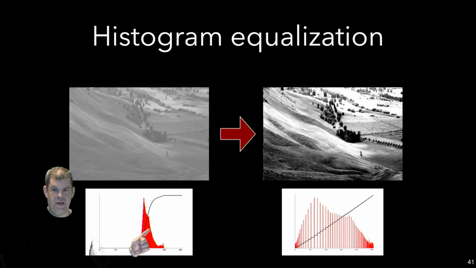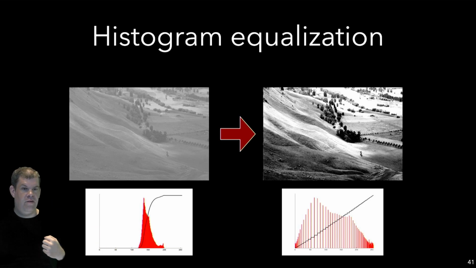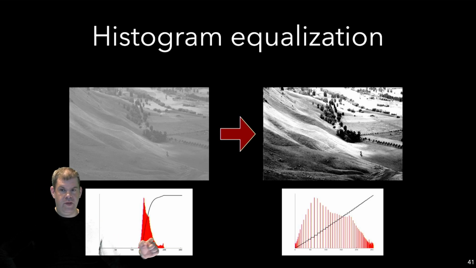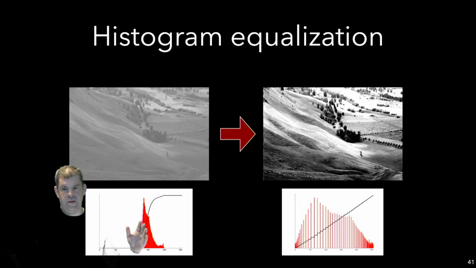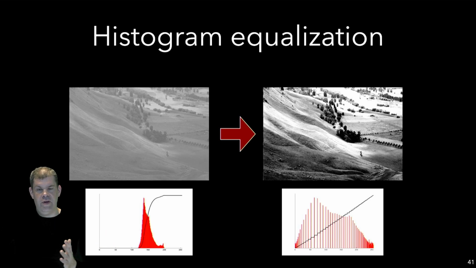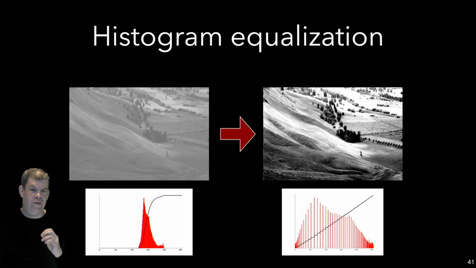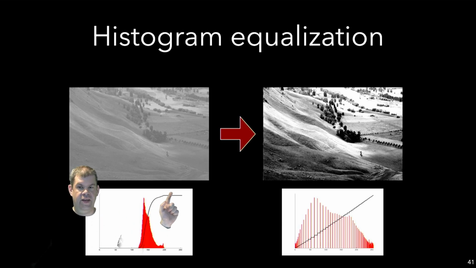Here it is at 0.5, so that's roughly the point where I have the same amount of reds on the left and on the right. And here the function is at maybe 0.9, so 90%. At this point, I've already seen 90% of the red values. So it's simply the integral over the red curve, or the sum of all the red bars towards the left. So that's the CDF.